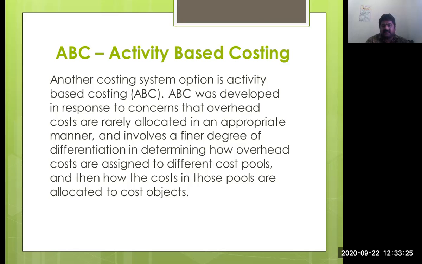What actually happens is that in job order costing or in process costing, overhead, which we call the aggregate of all indirect elements of costs, is difficult to allocate to the product because of the indirect attribution of that cost.